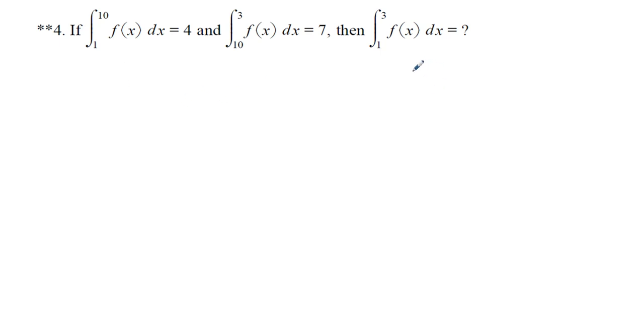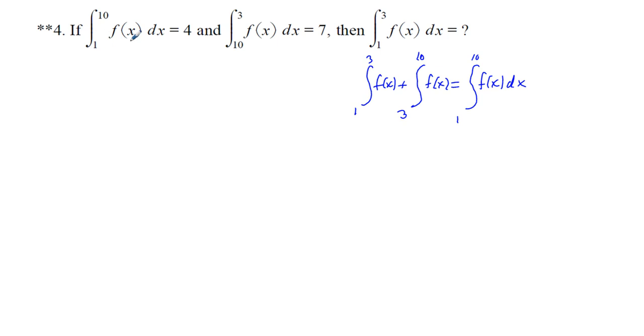Well, the way to work this out is that the integral from 1 to 3 of f(x) dx plus the integral from 3 to 10 of f(x) dx is going to be equal to the integral from 1 to 10 of f(x) dx.